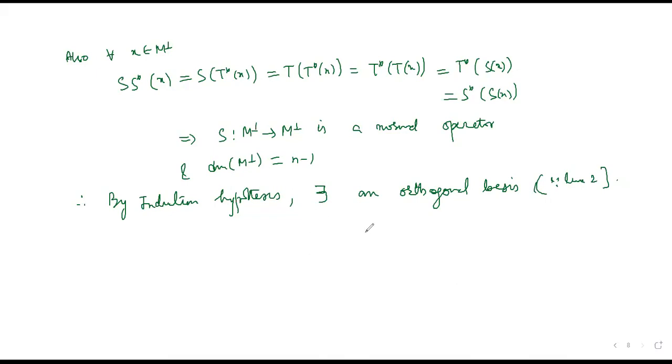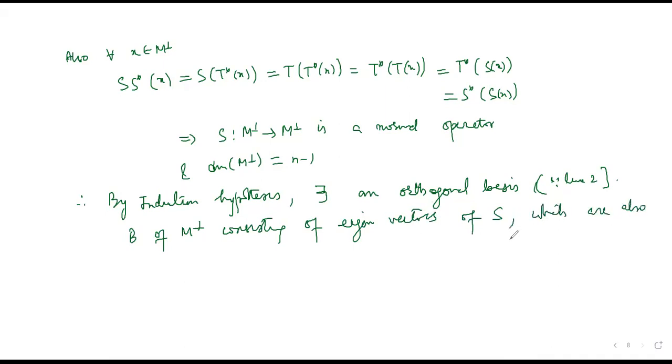Because the eigenvectors will form a basis, of course, but they will also form an orthogonal basis B of M perp consisting of eigenvectors of S, but they are also eigenvectors of T, because S is just the restriction of T.